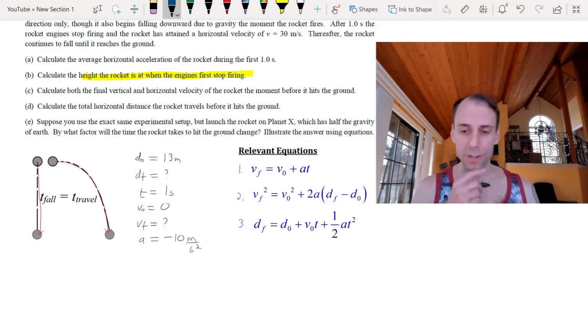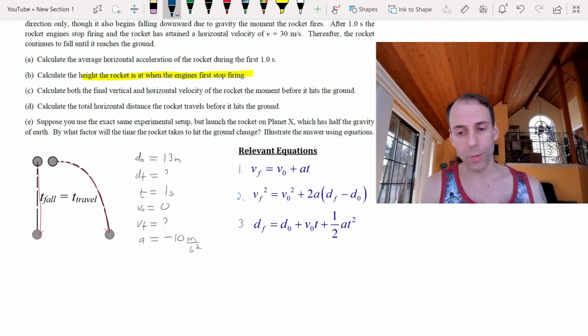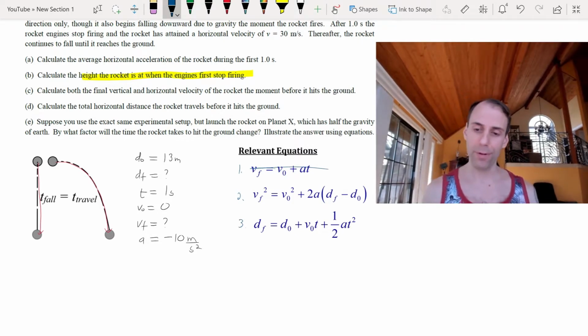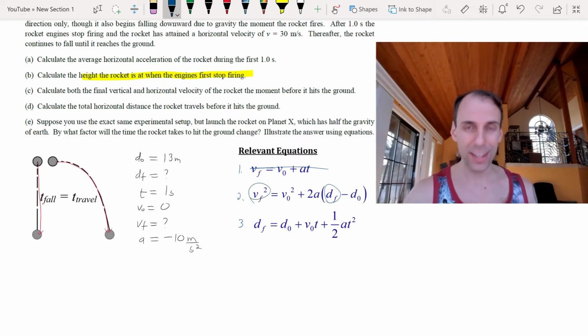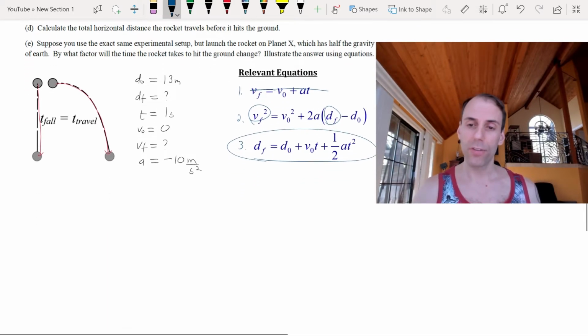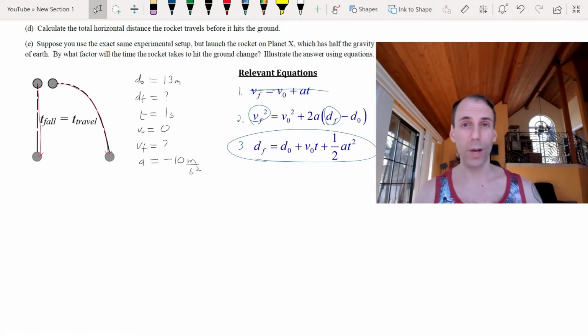Well, first of all, equation 1 isn't useful at all. It doesn't have d final in it. Equation 2 does have d final in it, but it also has v final. It has 2 unknowns, and you cannot solve one equation with 2 unknowns. Therefore, it is clearly equation 3. So let's solve using equation 3.